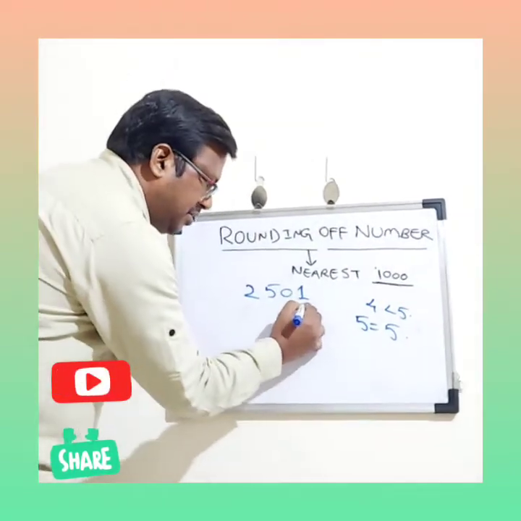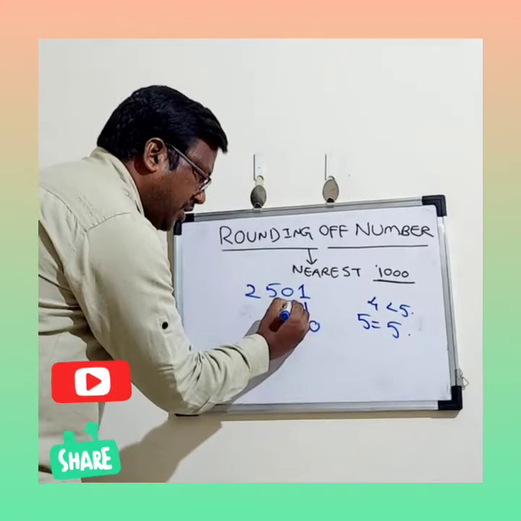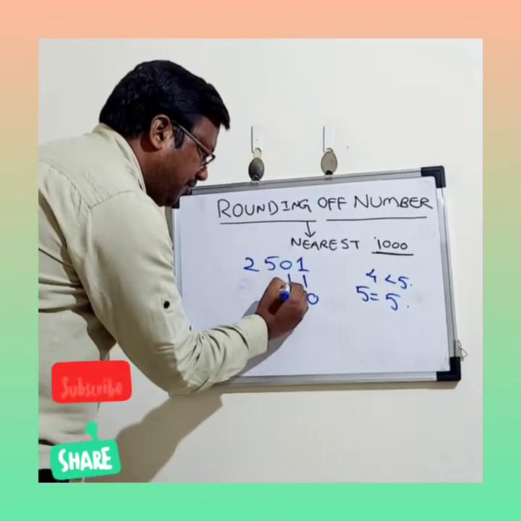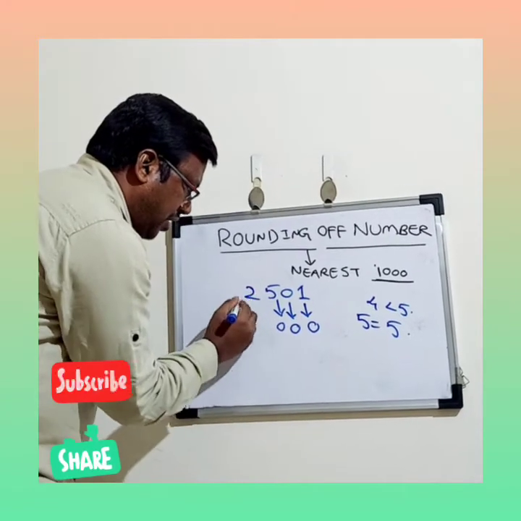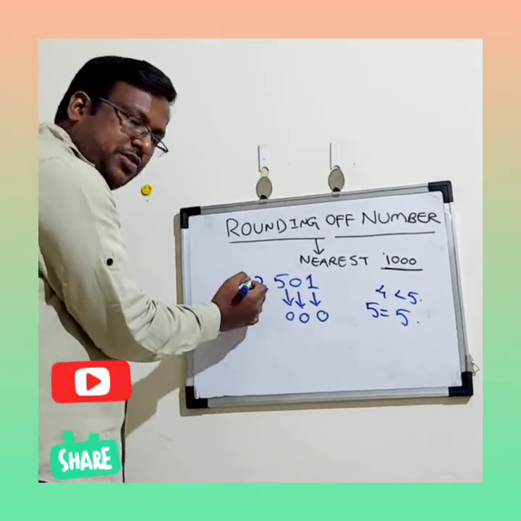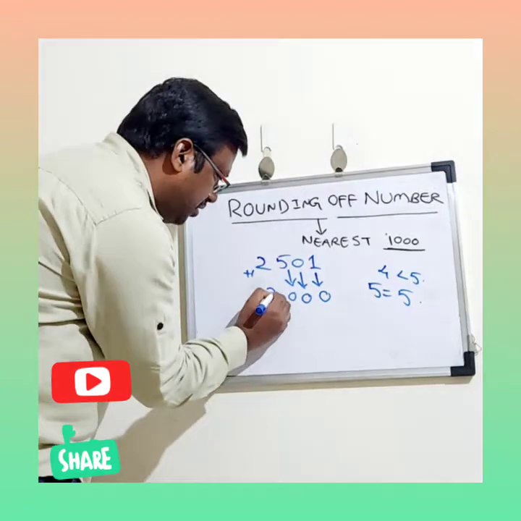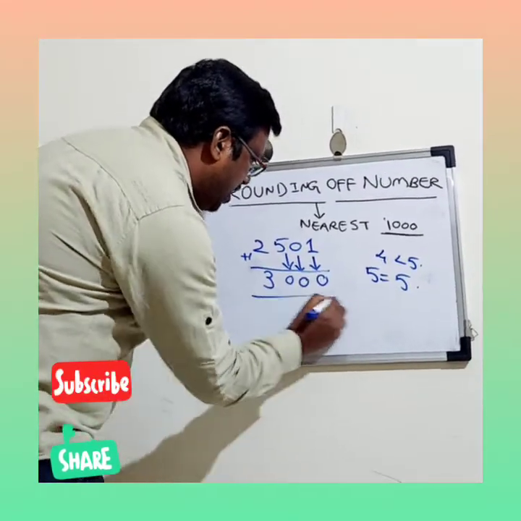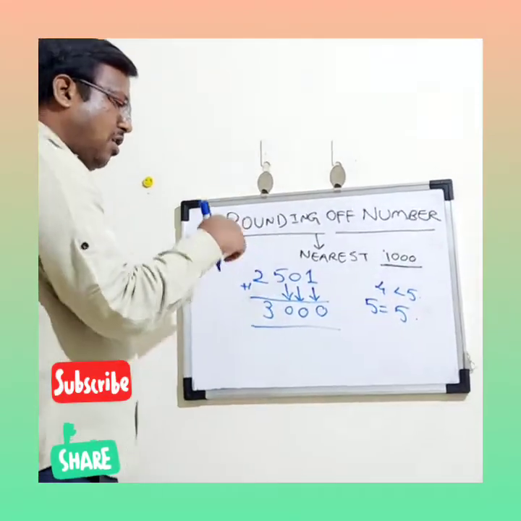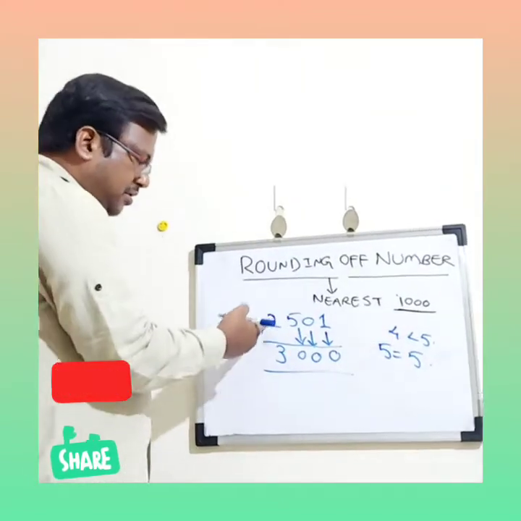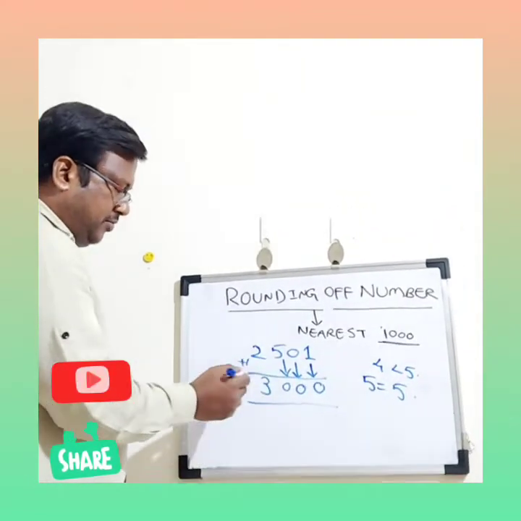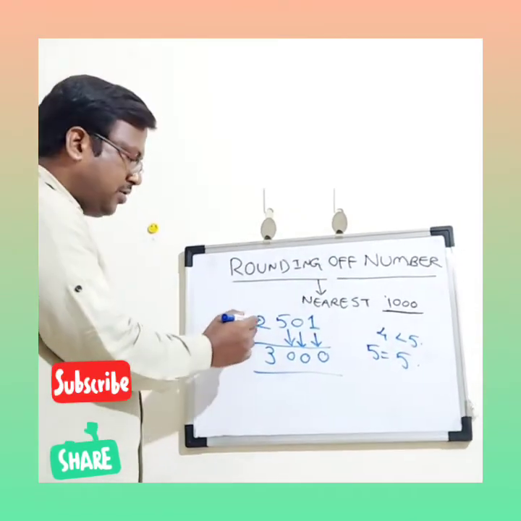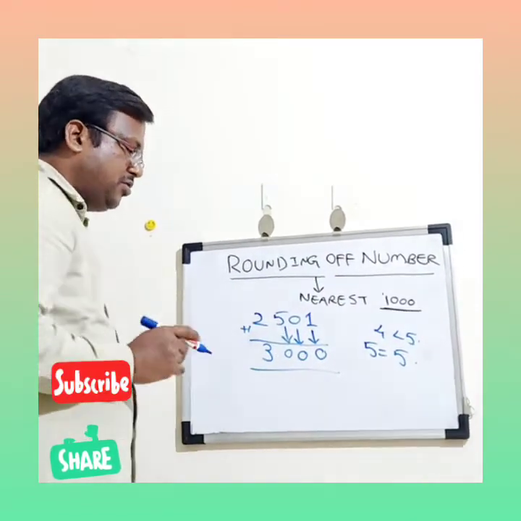So replace the unit digit position with 0, the tens digit position with 0, and the 100 digit position also with 0, and for the 1000 position, just add 1. That gives 3000. So when the 100 digit position is equal to 5 or more than 5, we follow this logic for the nearest 1000 value. So what is the nearest 1000 value for 2501? That is 3000.